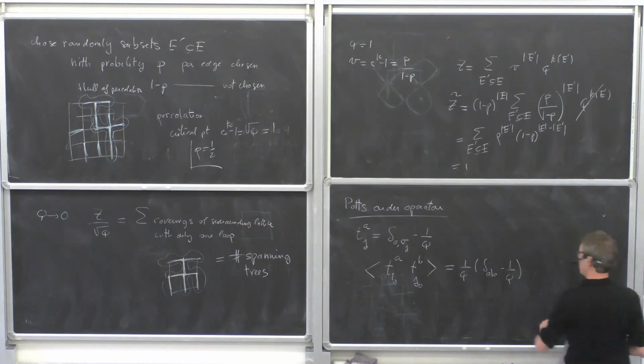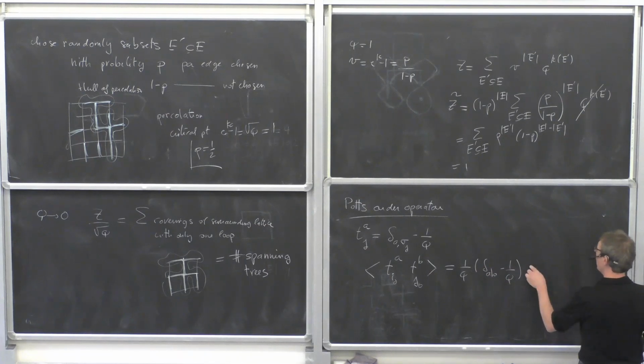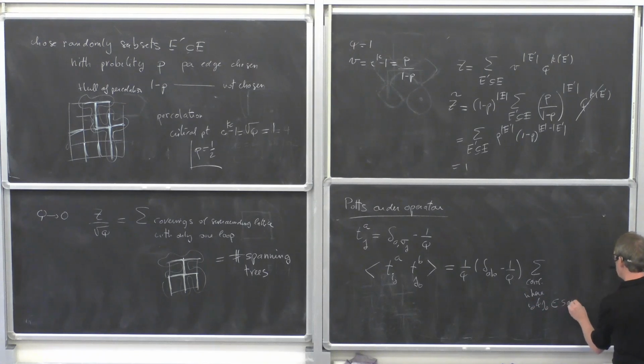None of these are very interesting. What is interesting is the next term, which is the sum over configurations where I0 and J0 belong to the same cluster. So this is really where I wanted to get to.